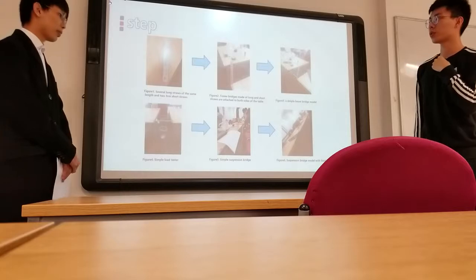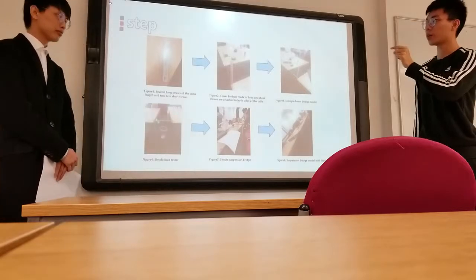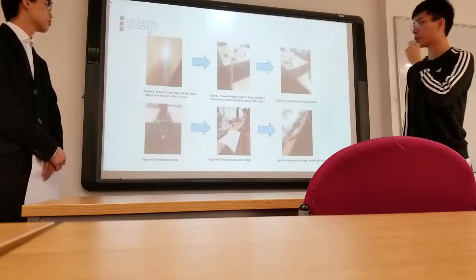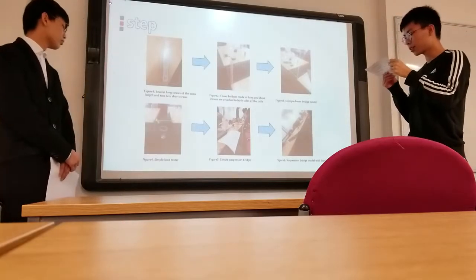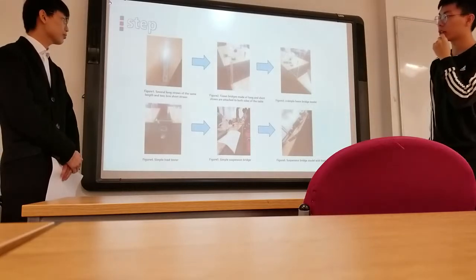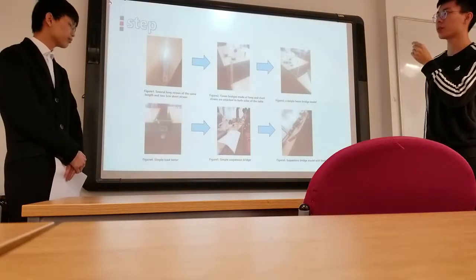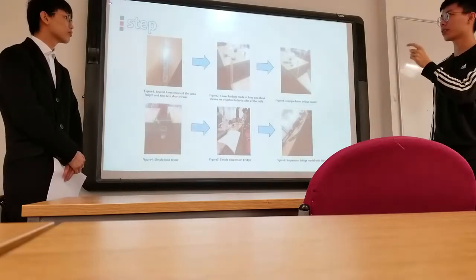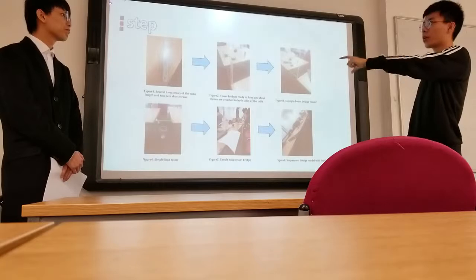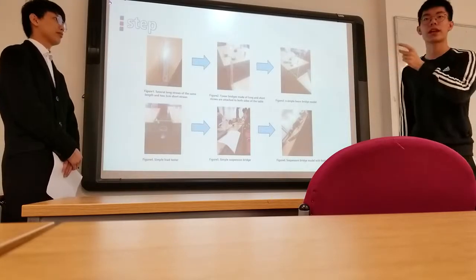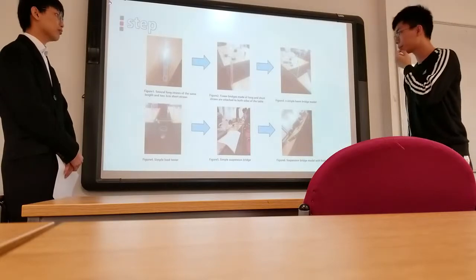We make 2 same models as bridge towers, and then we stick both on the side of the table about 13 centimeters apart to place another straw. Then we insert another straw in the middle of the bridge towers as a bridge deck.